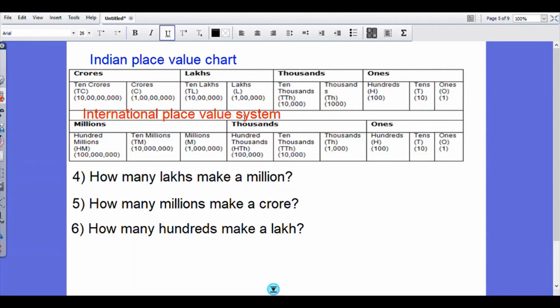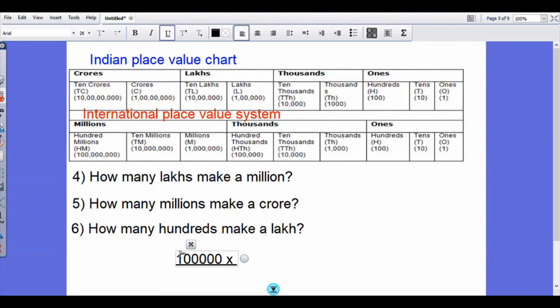Confusion? Now see, the value of 100,000 is the same in both, so move here. After this, million will be here. Now see how many lakh. First write lakh: 1, 2, 3, 4, 5.